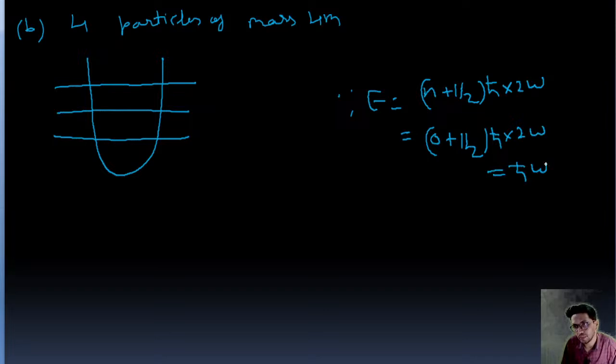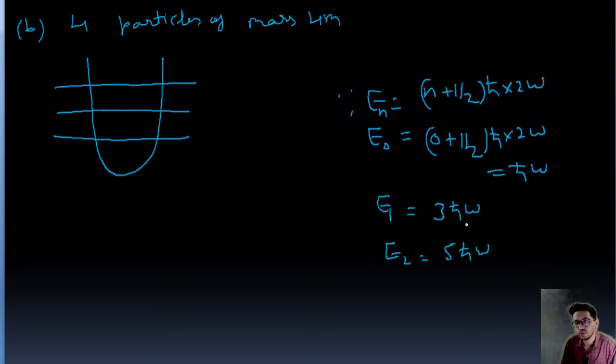Similarly E1 is going to be 3 h-cut omega, and E2 is going to be 5 h-cut omega, and so on, because we put n equal to 1 for E1 and n equal to 2 for E2.